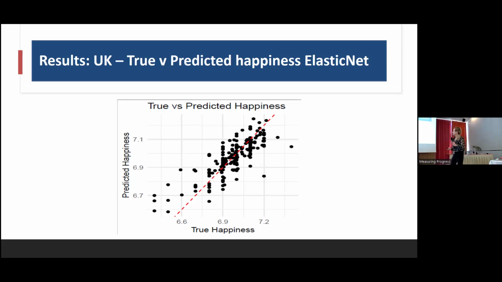After we ran the ElasticNet, that is our predicted happiness against true happiness. You can see the fit is quite good, especially if you think happiness is the emotion on ONS. We're working with search data.